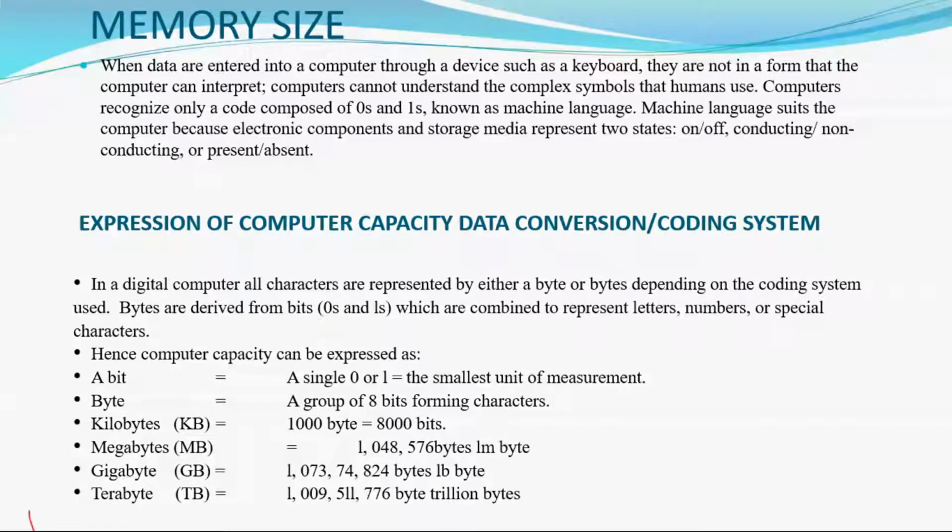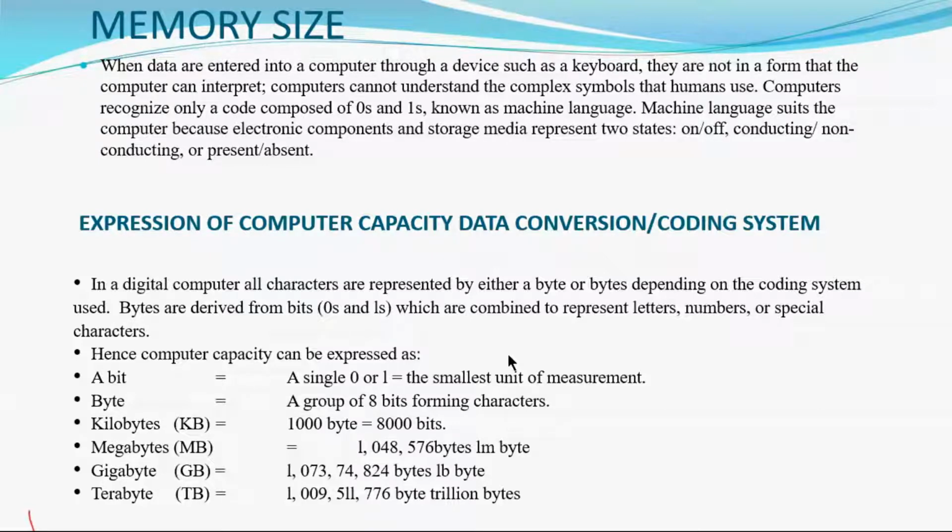Computers store information in bytes, okay? And in our definitions, we call a bit a 0 or a 1, which is the smallest unit of measurement when it comes to conversions or the computer memory size. But when we start grouping these bits into groups of 8, 4, and so on, we come up with other units.